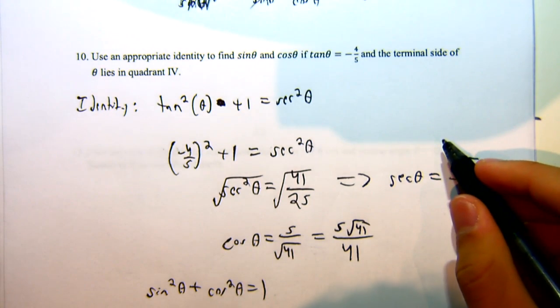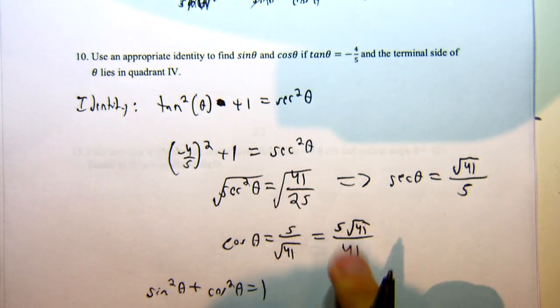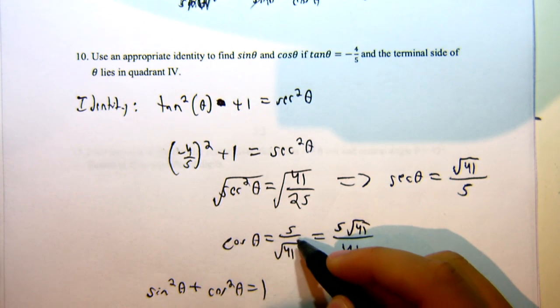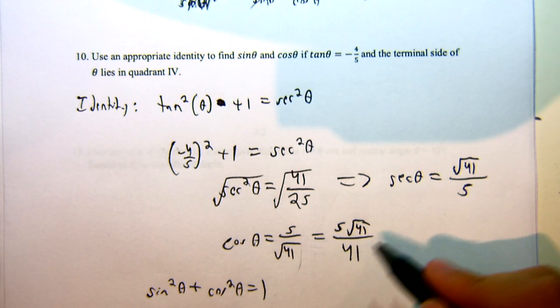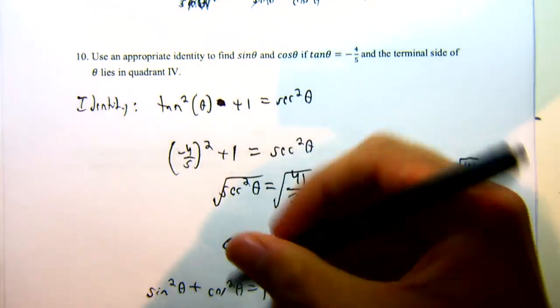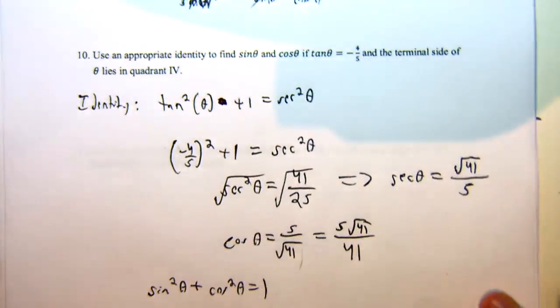Although, I'm going to make it simpler. Instead of plugging this whole thing in, it would actually be much simpler to just plug in 5 over square root of 41, because they're both equivalent. It's just this one would require more math.